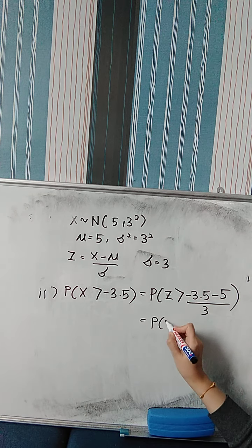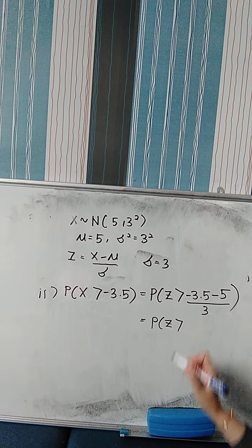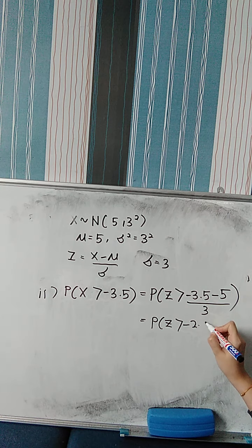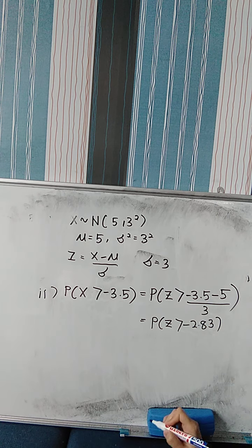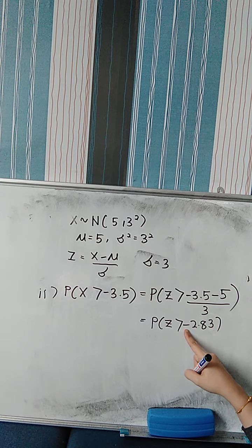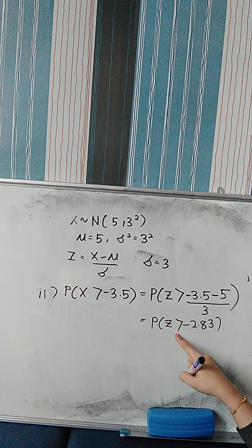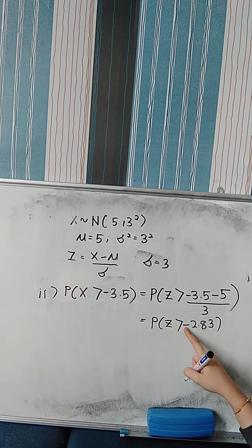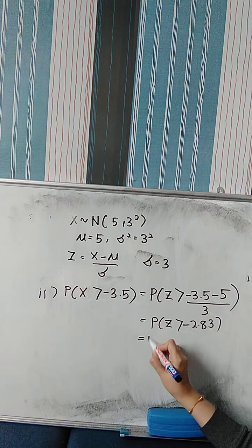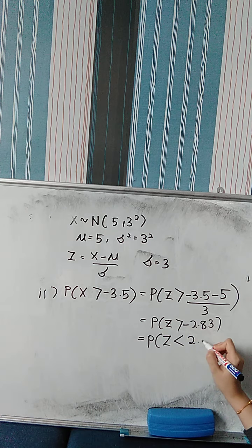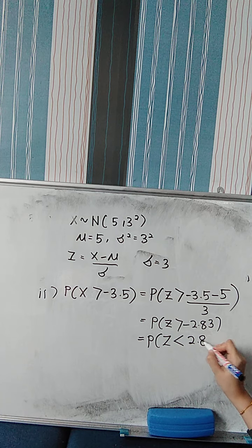Your answer is P(Z more than negative 2.83). Okay, you cannot directly read from the table, because more than is okay, but this is a negative value. So you need to change to Z less than positive 2.83.